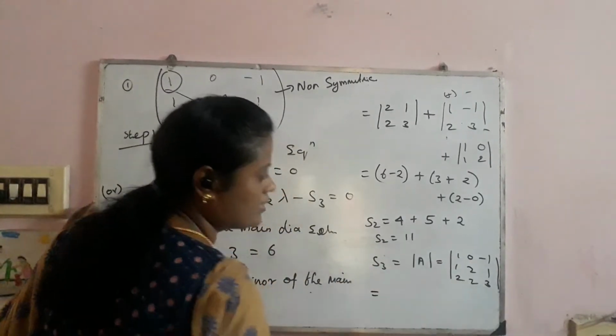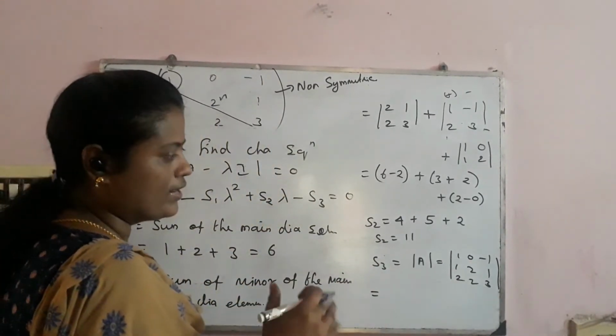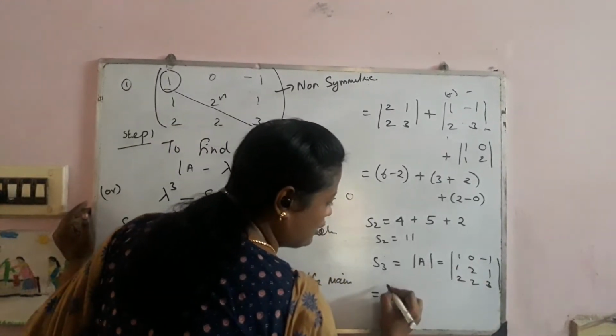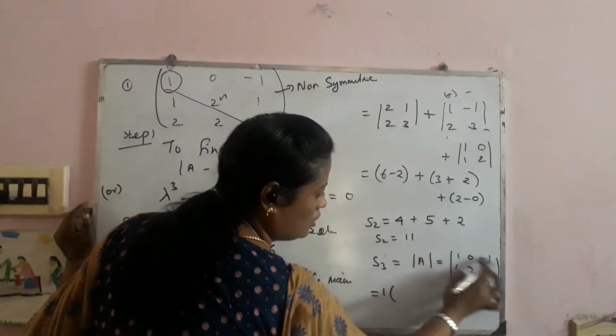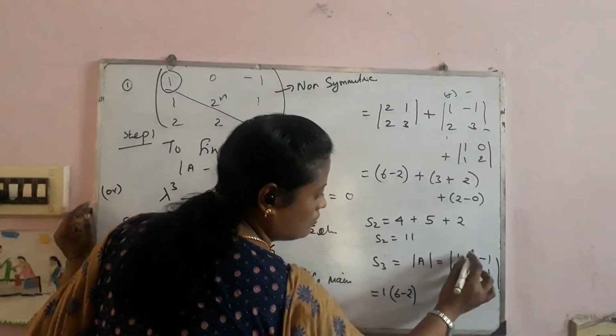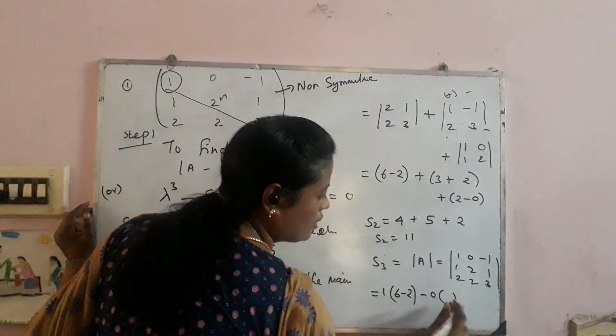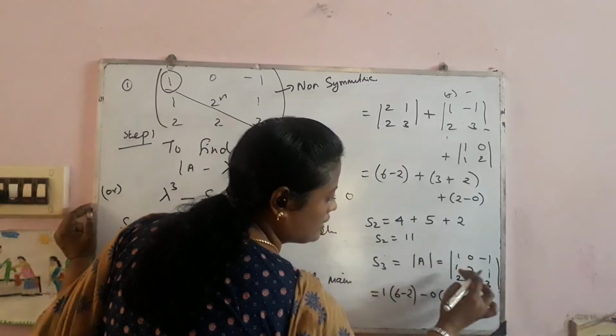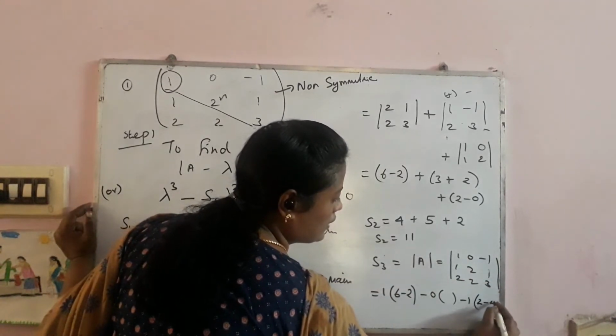You know how to find the determinant? Expanding by row 1 or expanding by column 1, it is your wish. I am going to expand by row 1. So 1 into 2 3s are 6 minus 2, minus 0 into anything, 0. So minus 1 into the remaining element, 2 minus 4.